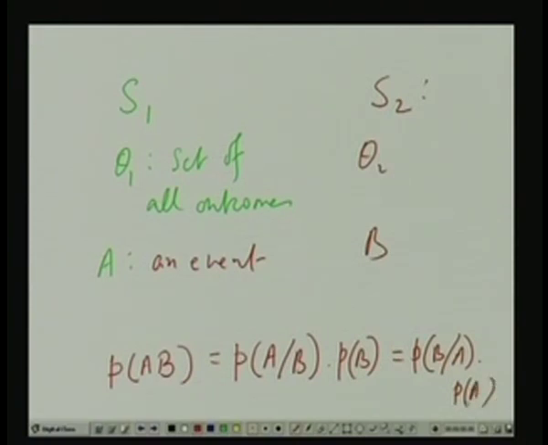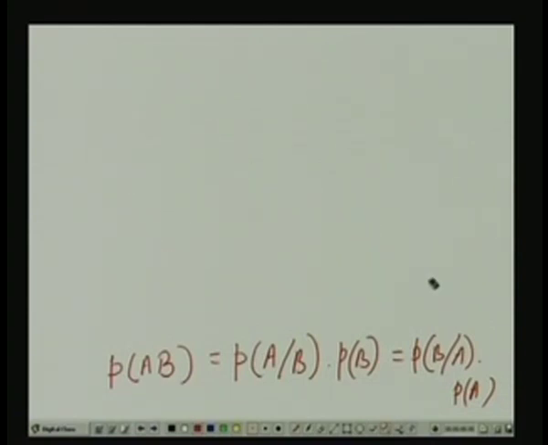In case you have forgotten, we can also see how it comes. Suppose N is the total number of trials. Out of these total trials, we are observing outcomes or events from S1 and S2 simultaneously, in parallel.